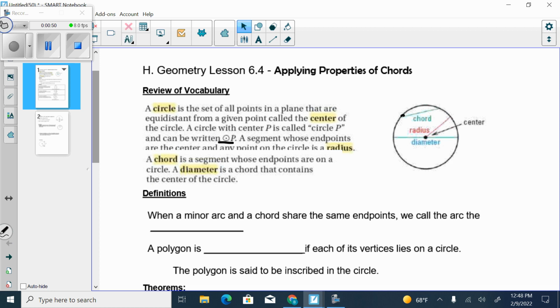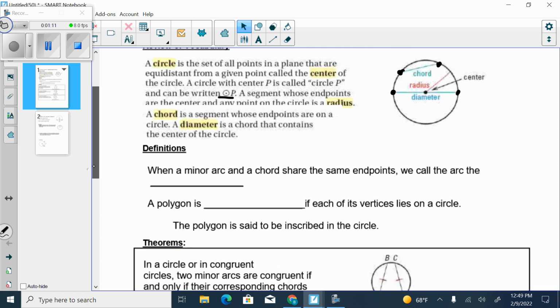Something like this. It's got an endpoint here and an endpoint here. And then our diameter is a special kind of chord because it does have both of its endpoints on the circle, but a diameter is also going to go through the center, right? Okay, so a couple of new definitions, okay?